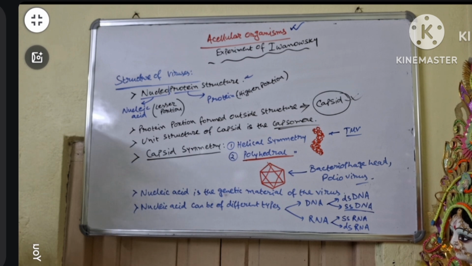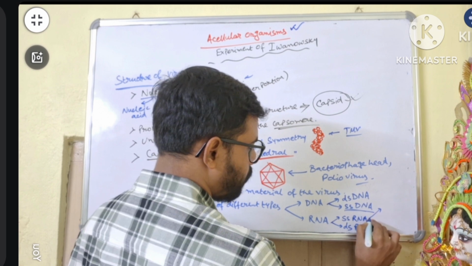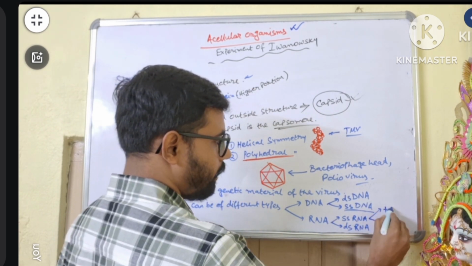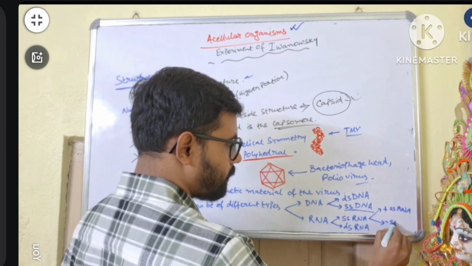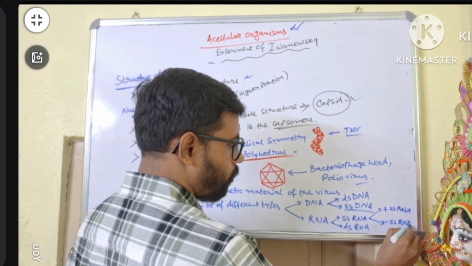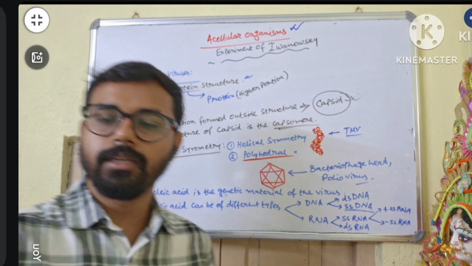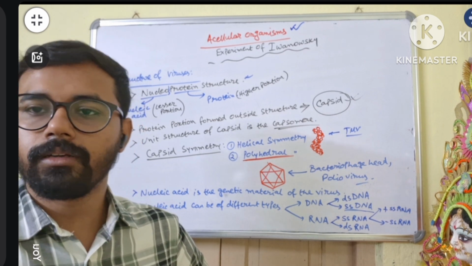Yes, sir. Single strand RNA can be further subclassified into two types: one is plus ssRNA, the other is minus ssRNA. Positive strand single strand RNA, and negative strand single strand RNA.